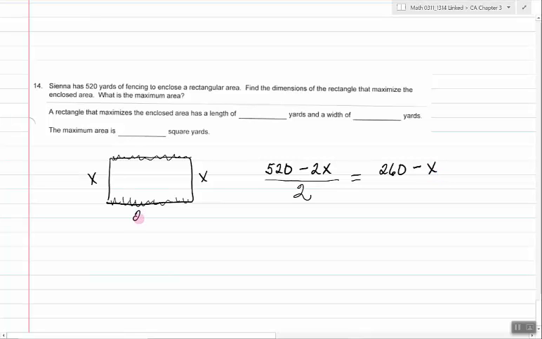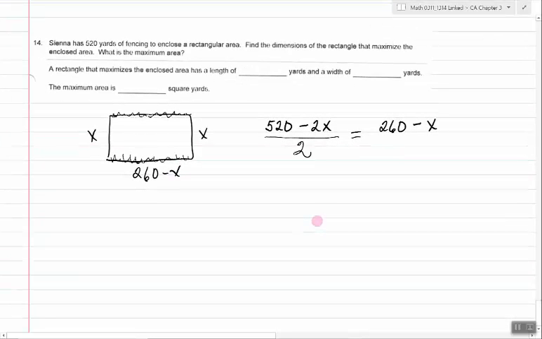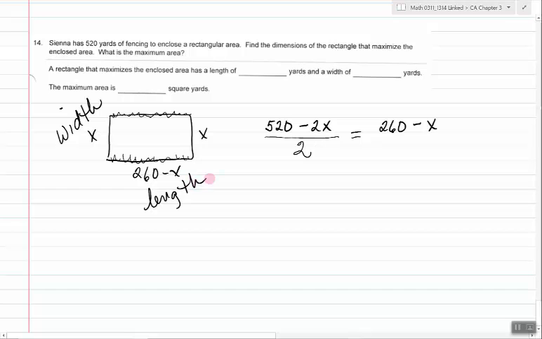So this is 260 minus x. So this is the width, this is the length. They have to be in terms of variable x. So the area as a function of x is x times 260 minus x, length times width.